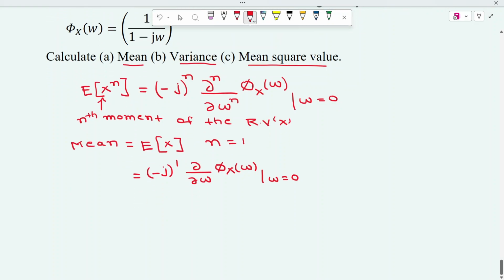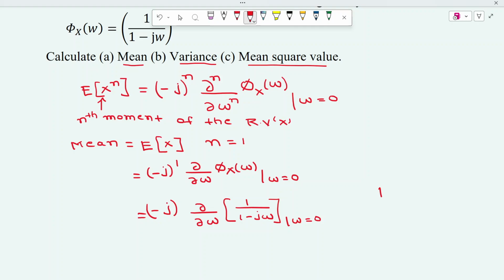Our characteristic function is given as 1 by 1 minus j omega. So it is minus j dou by dou omega of 1 by 1 minus j omega. After differentiation, at the end we have to substitute omega is equal to 0.